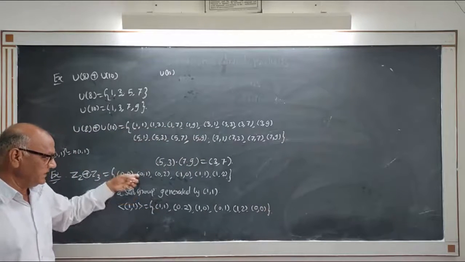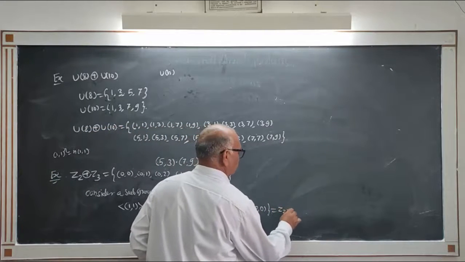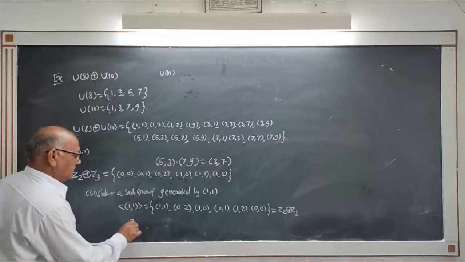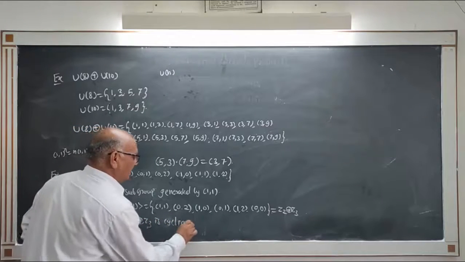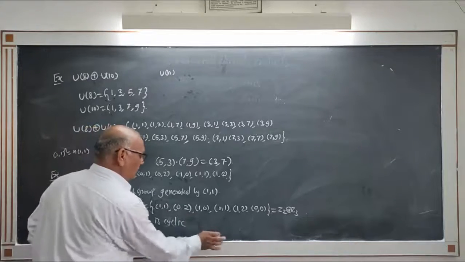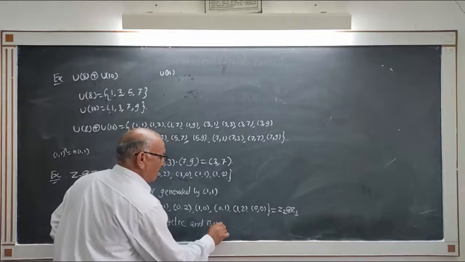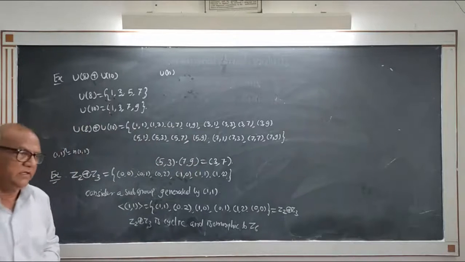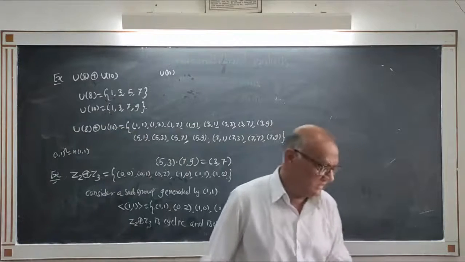It contains 6 elements and this set is equal to Z2 ⊕ Z3. That means Z2 ⊕ Z3 is cyclic and it is isomorphic to Z6.